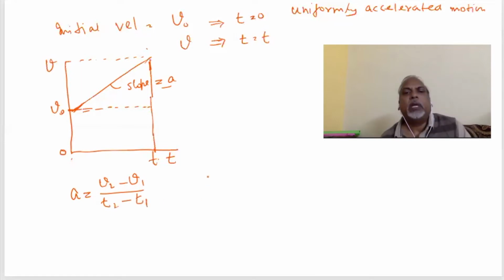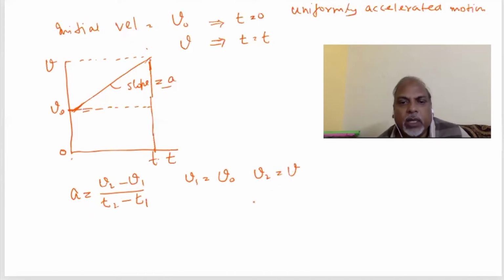This we have studied in our previous lecture. Here v1 is the initial velocity, that is v0. v2 is the final velocity, that is v. What about t1? t1 is 0, because at t equal to 0 the initial velocity is v0, and t2 is basically t.